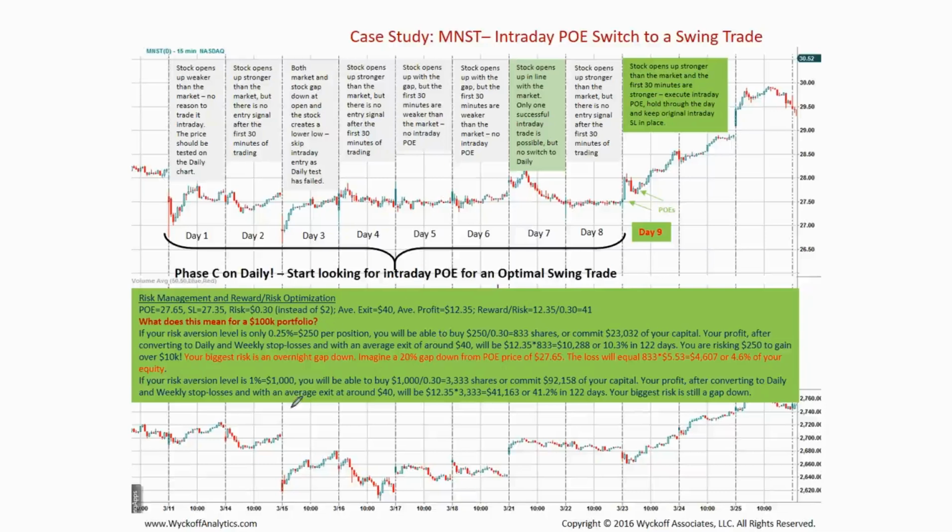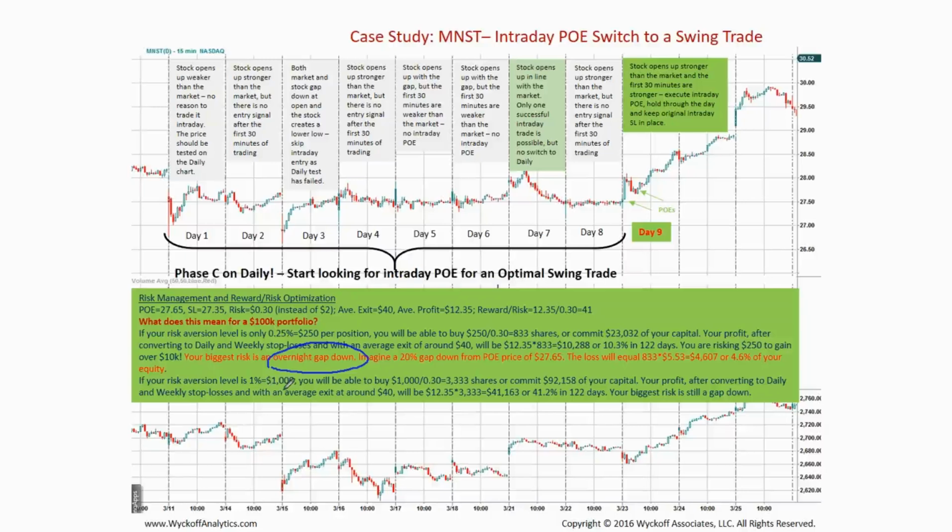So let's say we made a mistake like that and we're still going to have the same type of risk with the gap down, with the possible overnight gap.